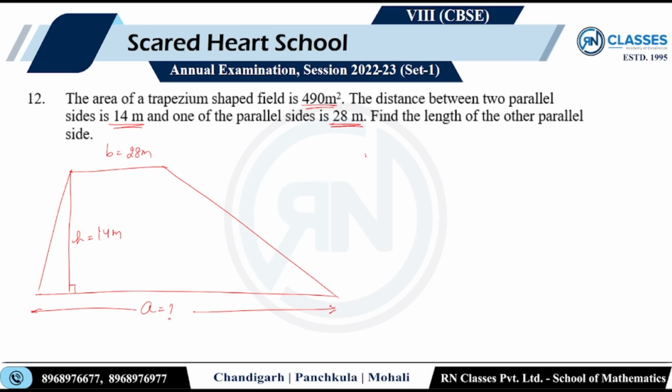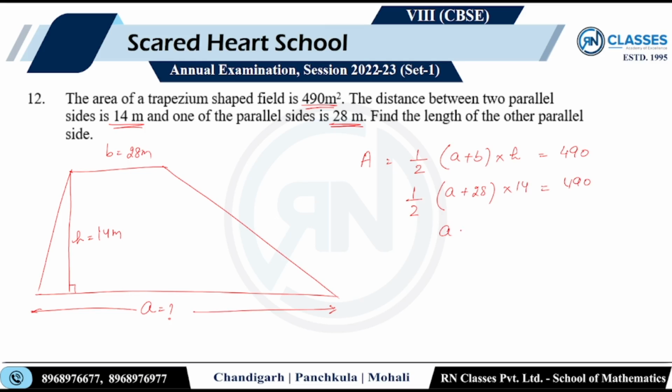So, now I know area is already given, but area can be found by me also. क्या होगा area? Half into sum of parallel sides into distance between parallel sides, that is h, which is given to be 14. So, 1 by 2. A कितना है वो तो निकालना है भाई. B is 28, h is 14, which is 490.